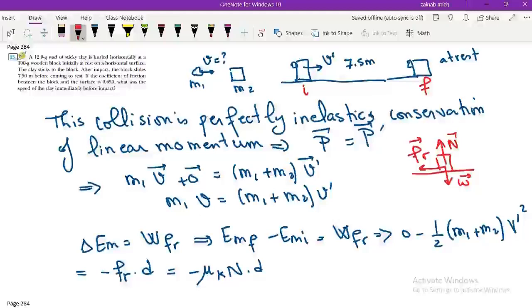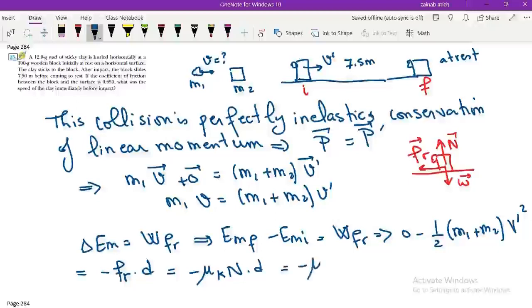When it is on an inclined plane, with the same friction, normal and weight, the normal comes out as mg cosine alpha. Okay, here when it is moving on a horizontal line, N equals mg. For sure here I'm talking about the block with the clay because both of them were moving together. So in this case I will substitute N for its value.